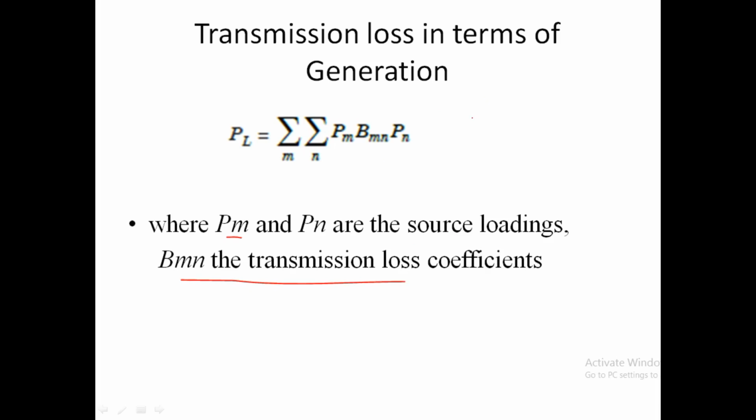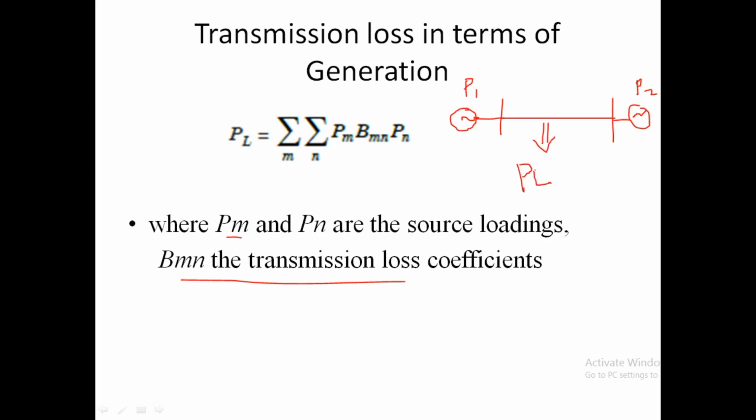For example, I am taking two buses 1 and 2. There we are connecting two generators. First generator is having a power generation of P1, and second generator is having a power generation of P2. In between these two buses we are connecting a transmission line. Now we have to find the power loss PL of this line.